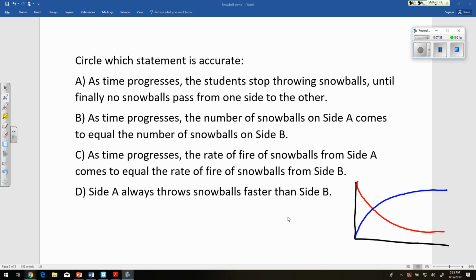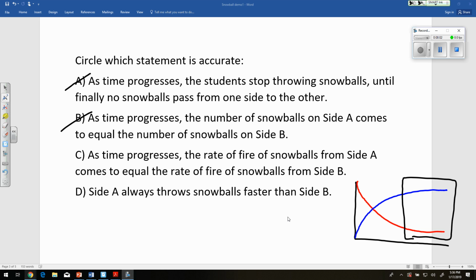So the students don't stop throwing snowballs. The snowball fight was raging even as the numbers steadied out. So the answer can't be A. B says as time progresses, the number of snowballs on side A comes to equal the number of snowballs on side B. Well, clearly, as we can see here, there are more snowballs on side B than on side A. So it can't be B.